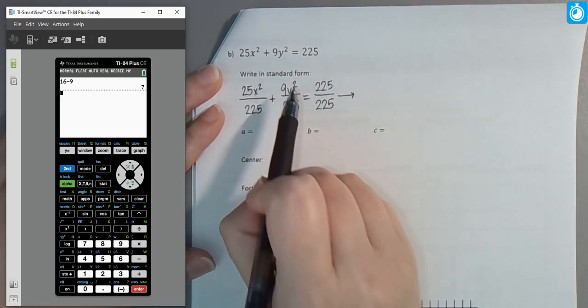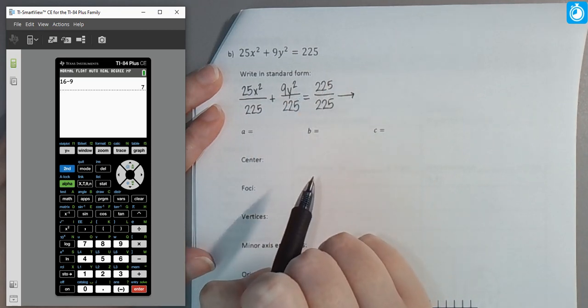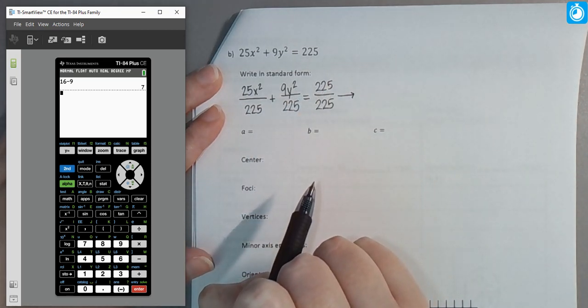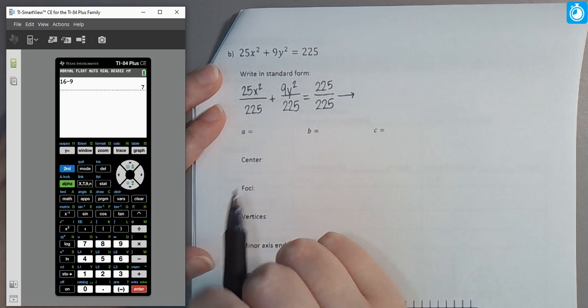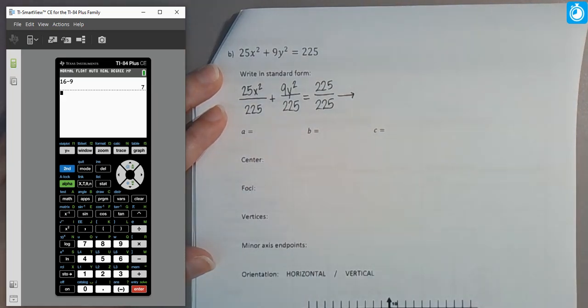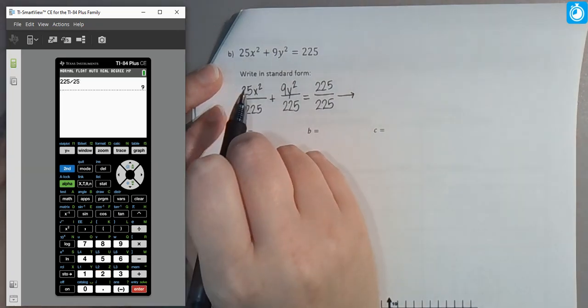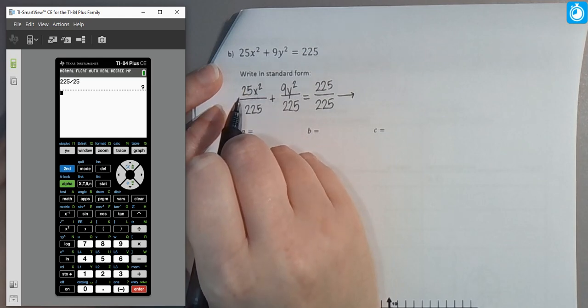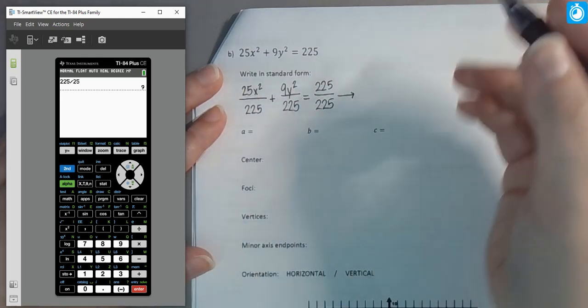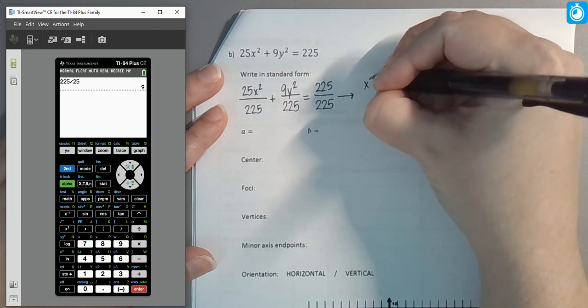So I need to reduce each of my coefficients, everything in the numerator, everything in the denominator. So 225, is it divisible by 25? 225 divided by 25 gives us a 9. So that means the 25 reduces to 1, and the 225 reduces to 9, which means I'm left with x squared over 9.